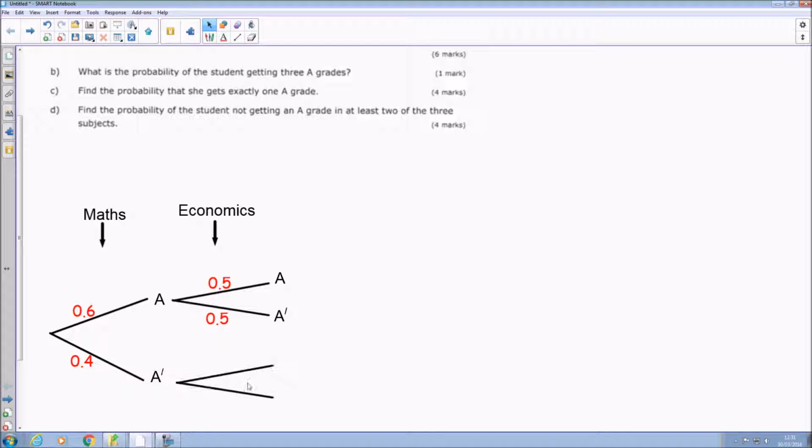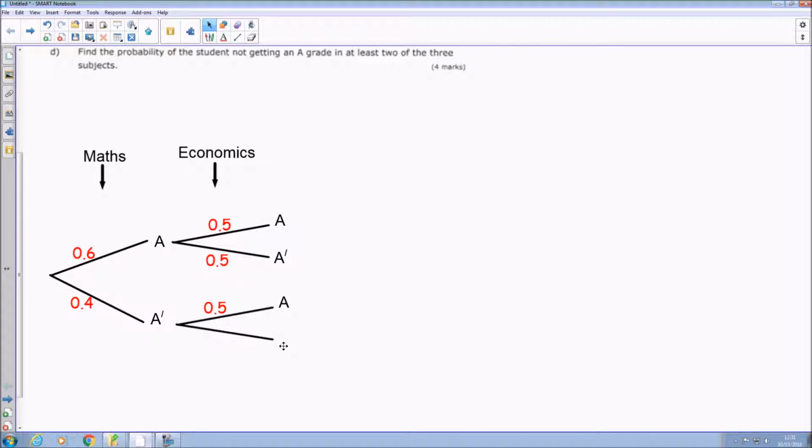We repeat this in accounts. The probability of getting an A is 0.4. The probability of not getting an A is 0.6.